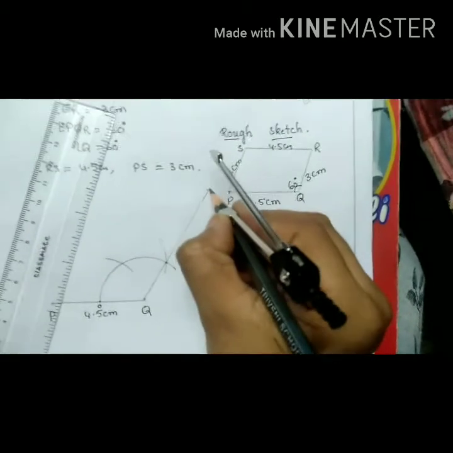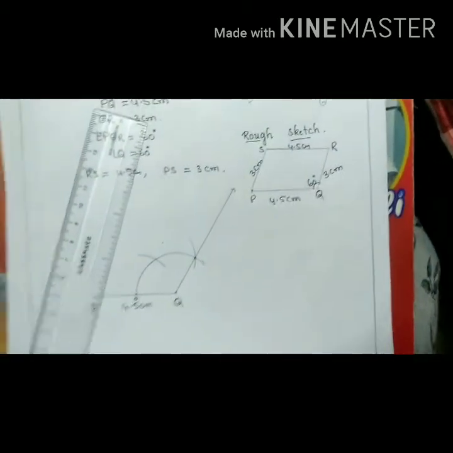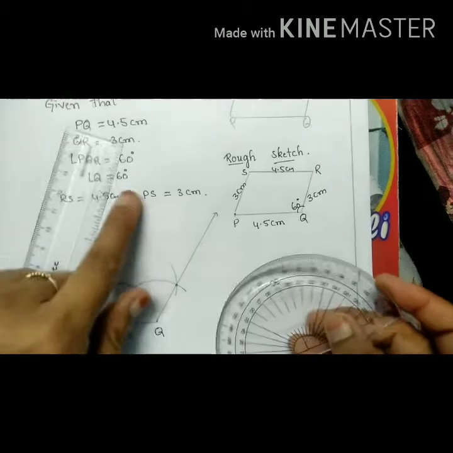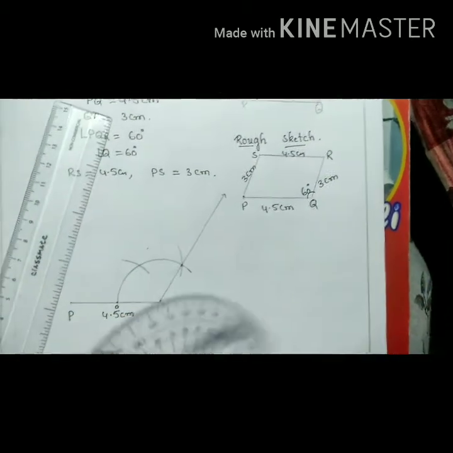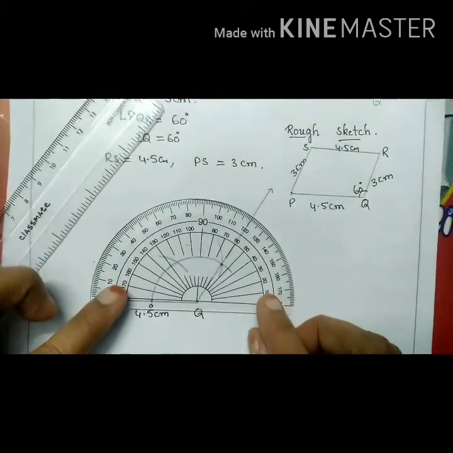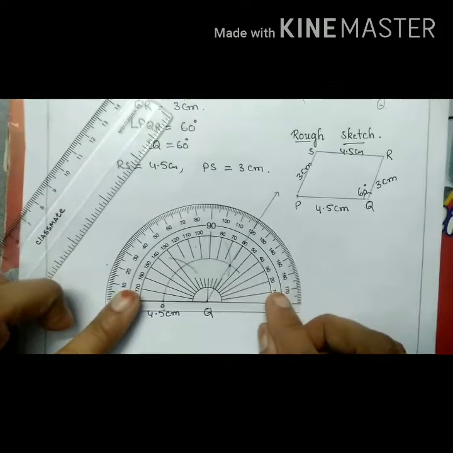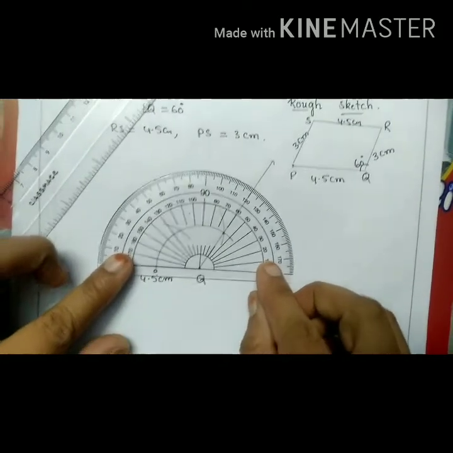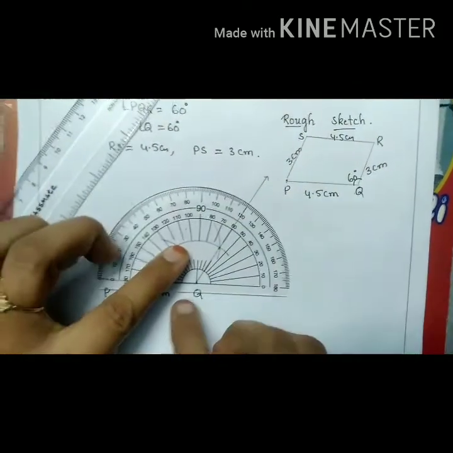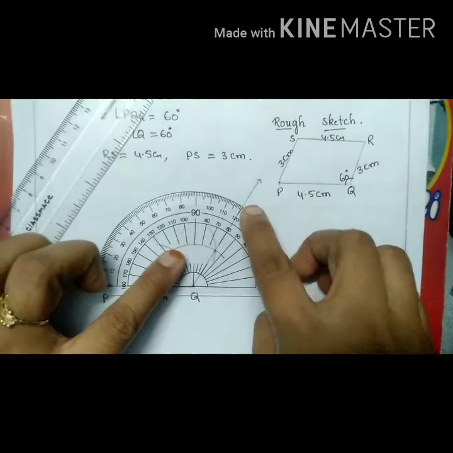Okay, observe that angle Q is equal to the given 60 degrees. With center Q, exactly 60 degrees is there.